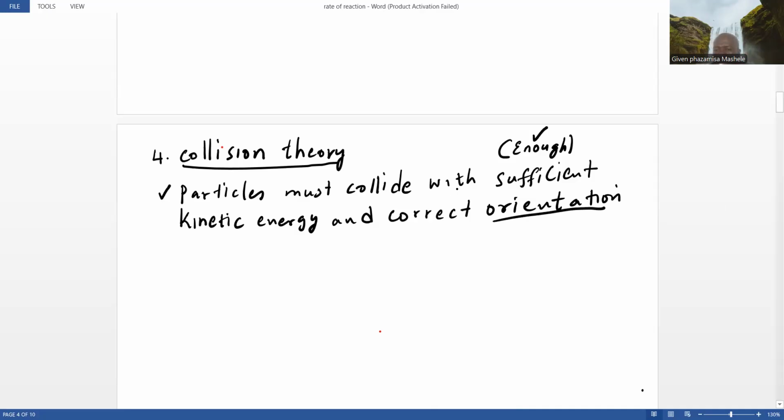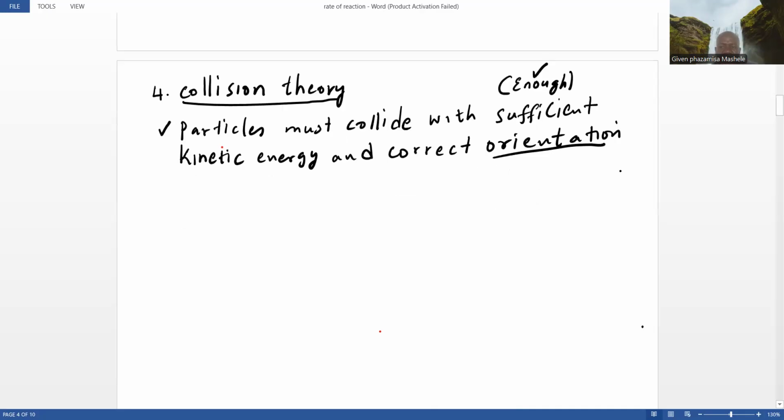What does it mean? Now, this takes us to a part called the Maxwell distribution curve. I want to explain this so that you understand. According to this, if a reaction is taking place, the reacting substances must have particles that are colliding with sufficient energy and correct orientation.